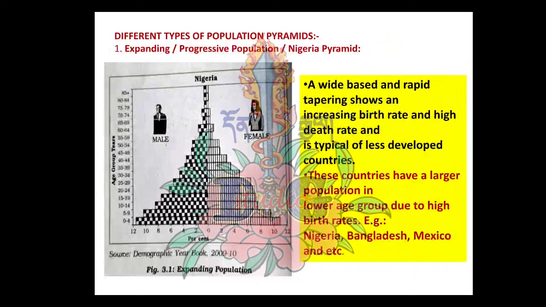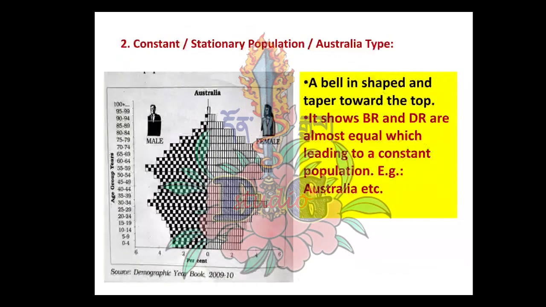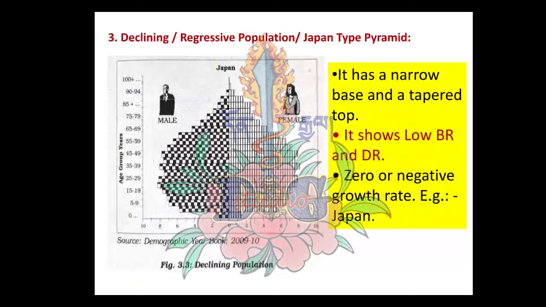The base is much narrower, and in between the age group of 20 to 25, both male and female are very high, and it tapers toward the top. It has a very narrow base and tapers very slowly towards the top, and life expectancy is much higher as compared to the first and second.